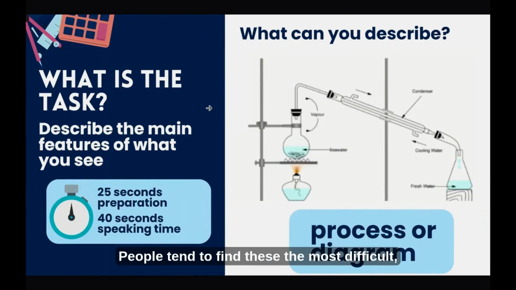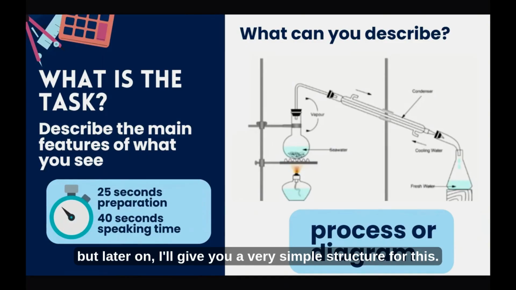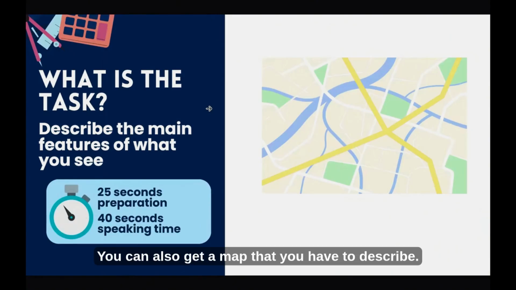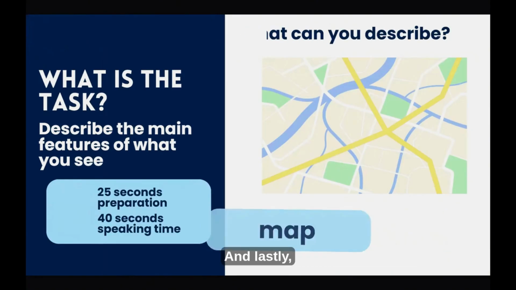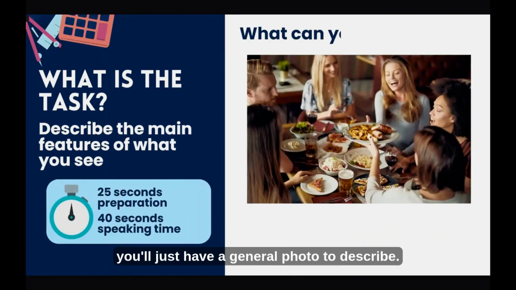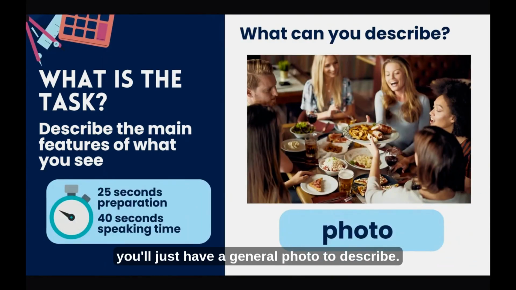People tend to find these the most difficult, but later on I'll give you a very simple structure for this. You can also get a map that you have to describe. And lastly, you'll just have a general photo to describe.